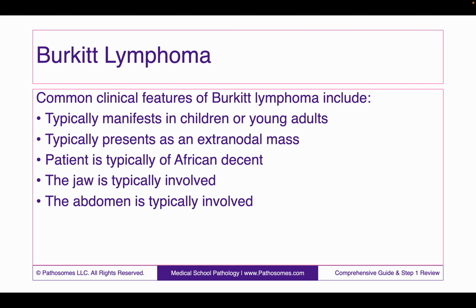Some common clinical features of Burkitt lymphoma include usually involving children or young adults, typically presenting as an extranodal mass, commonly affects individuals of African descent. The jaw is typically involved, as well as the abdomen.